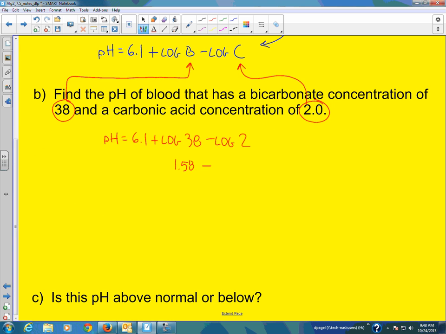Log of 2 is 0.30. And I'm going to subtract that difference here. So 6.1 plus 1.58 minus 0.3 gives me a pH of 7.38, which is pretty much right on there for our normal blood pH level.